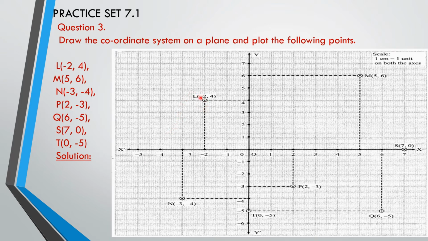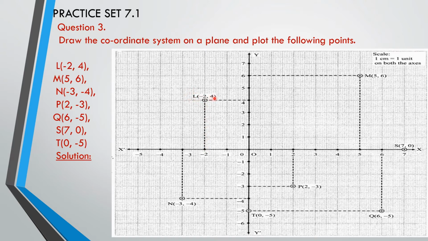Therefore, first take x on the x-axis. Here it is negative 2, and the y coordinate is 4. The point of intersection of the lines parallel to the x-axis and y-axis is the point L of negative 2 and 4.